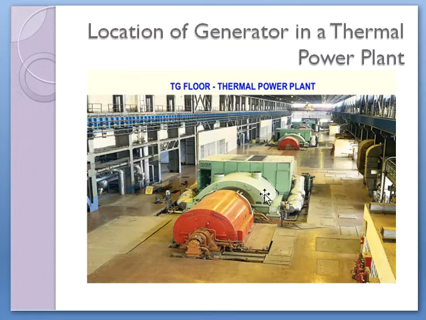Together it is called the TG floor. So the generator has the turbine on one end, that is the input side, and the exciter, the excitation system, on the other side. The control rooms are also located on this floor.